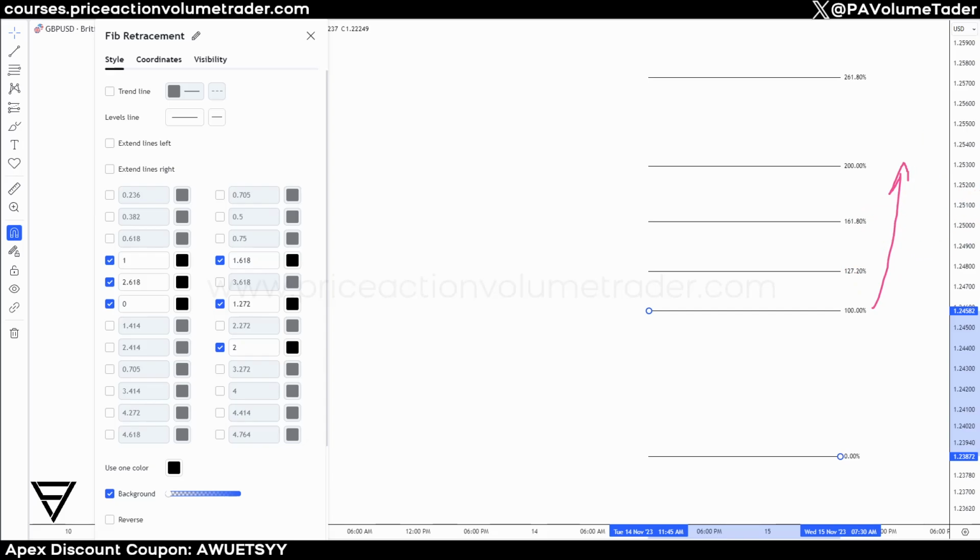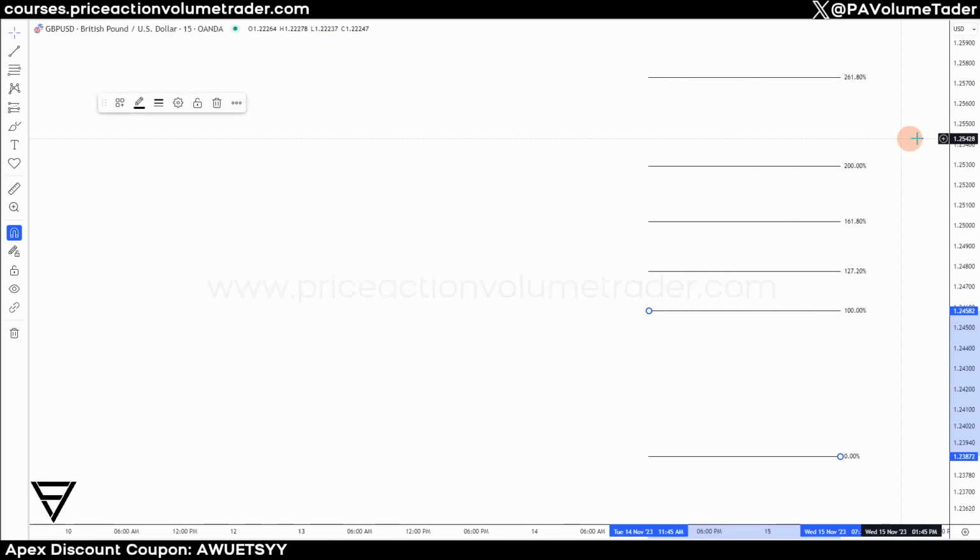Fibonacci extensions are also very useful if you are trading a market that is at an all-time high level. Let's say you get a market that just made an all-time high and you're trying to figure out where could be the next area to take profits.